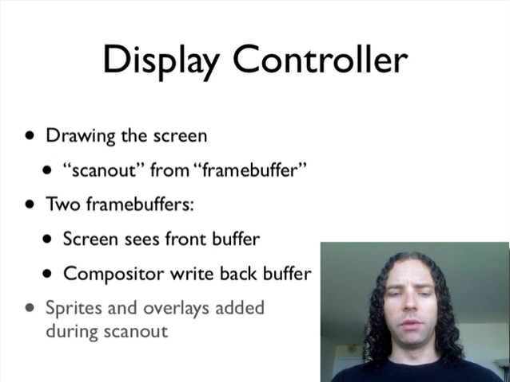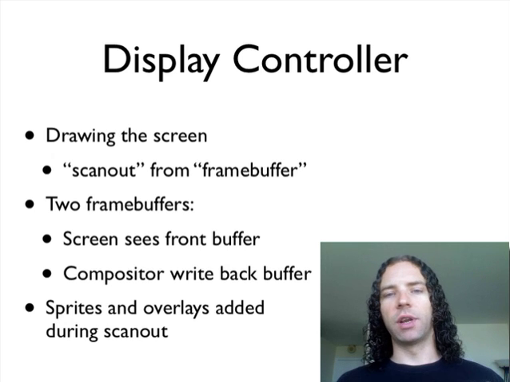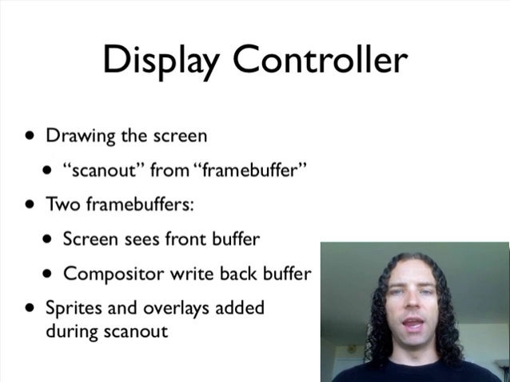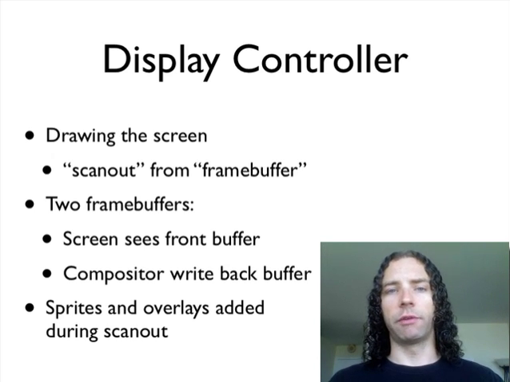Now the reason why you do this is that you can be writing to the back buffer while at the same time, literally the same time, as the display controller is reading from the front buffer. This way you never end up having a problem of trying to read data that's currently in the middle of being written. Whenever the back buffer is finished being written, it'll actually swap with the front buffer.